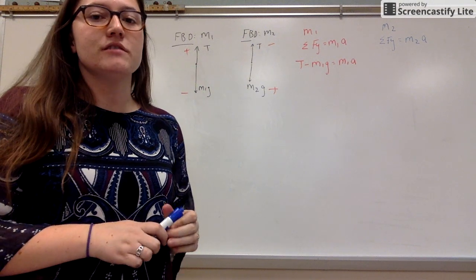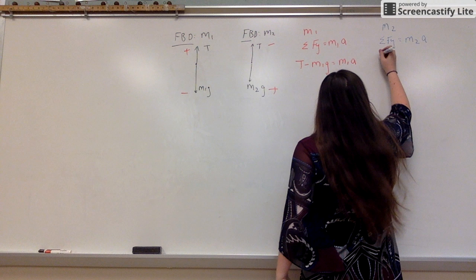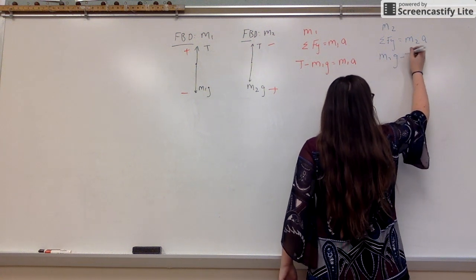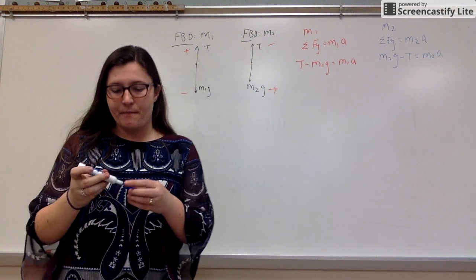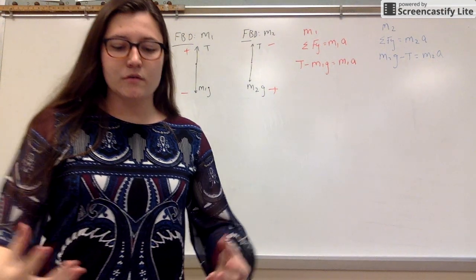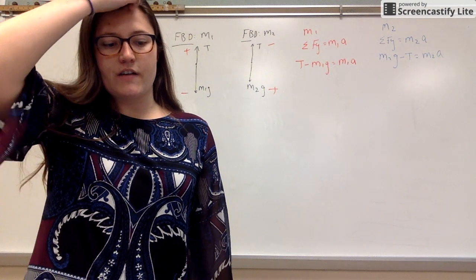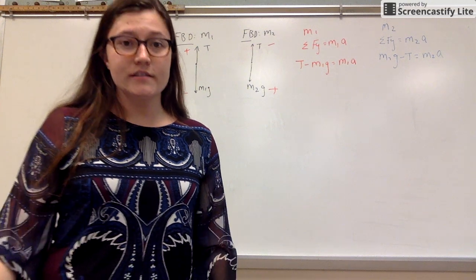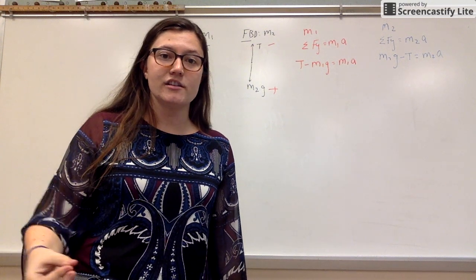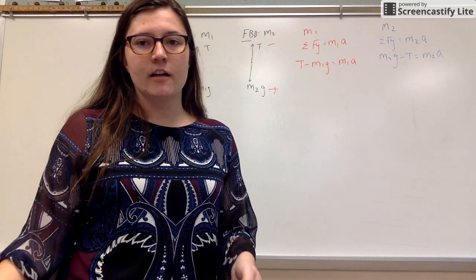So we're going to have M2G minus T is equal to M2A. So we have two equations and two unknowns. We're going to use substitution to find acceleration and tension. It's up to you which one you want to solve for first, acceleration then tension, or tension first, you're going to get the same answer.